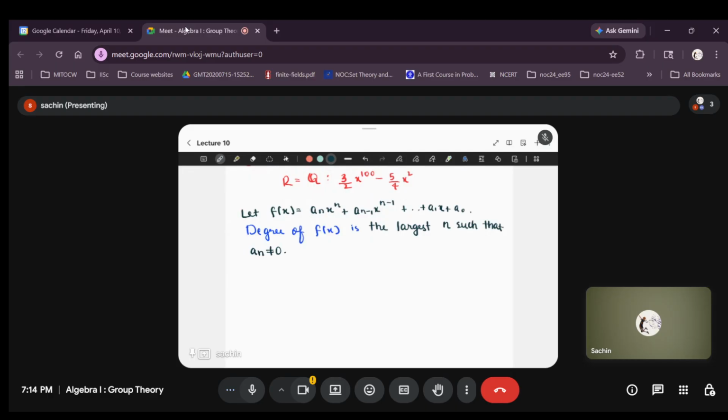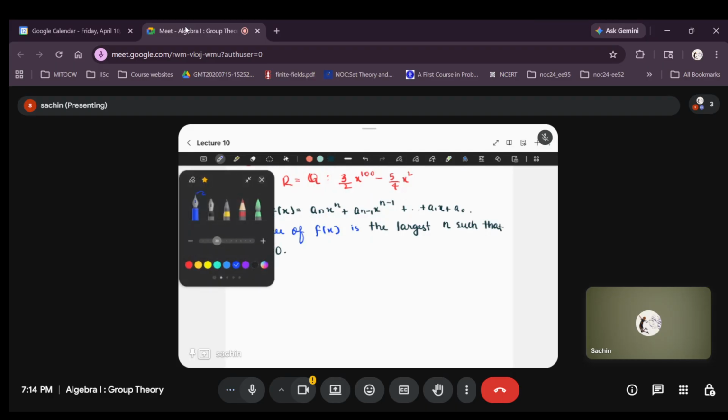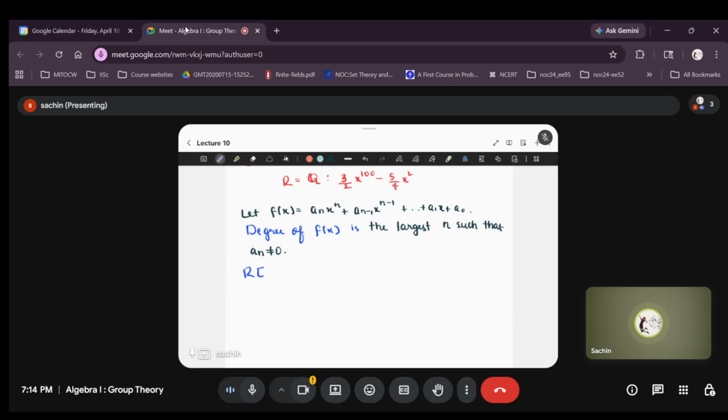And we use the notation R of x to denote the set of all polynomials in x over R.